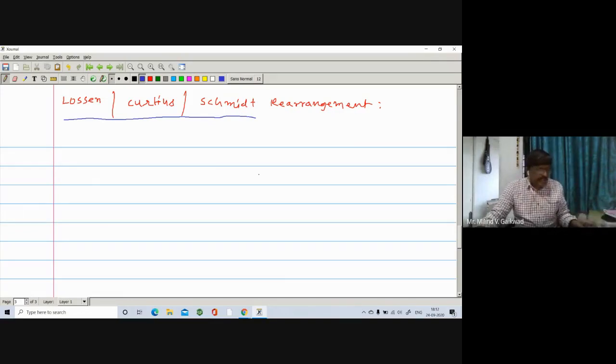Right? First we'll take the Curtius rearrangement reaction. Let us take the Curtius rearrangement, Schmidt, Lossen, and Curtius.